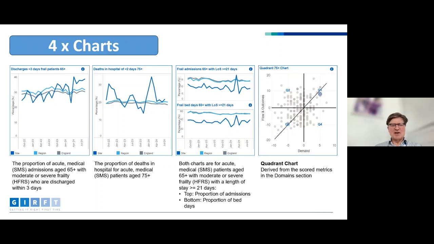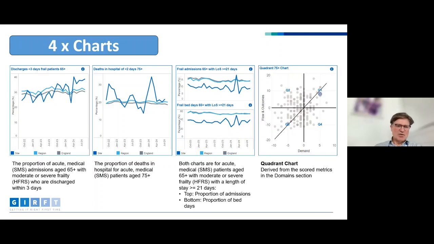This is about as high as we see in England, and this is a hospital that probably doesn't have great flow problems. Hospitals that do have flow problems, this figure is down at under 20%, sometimes as low as 10%. So a 3- to 4-fold variation in this key metric of the effectiveness of acute frailty response.